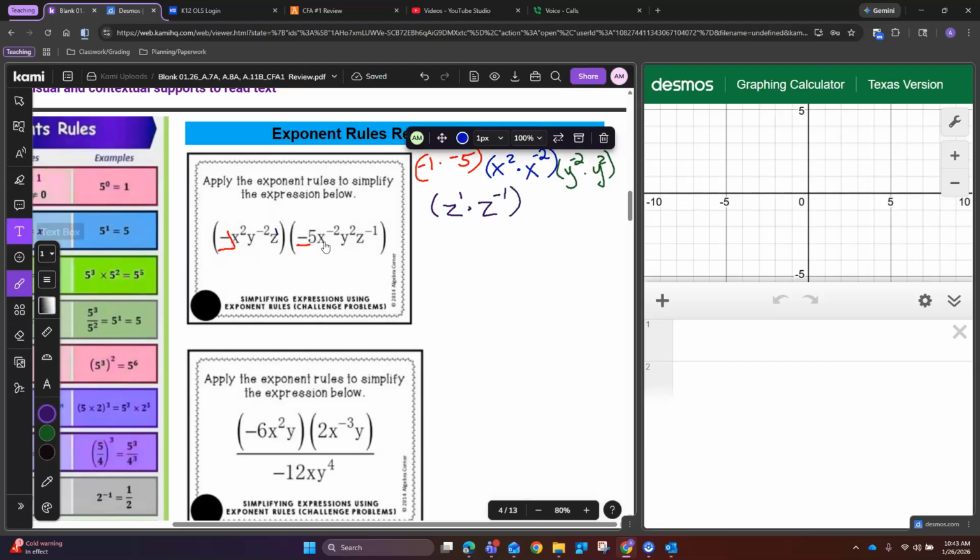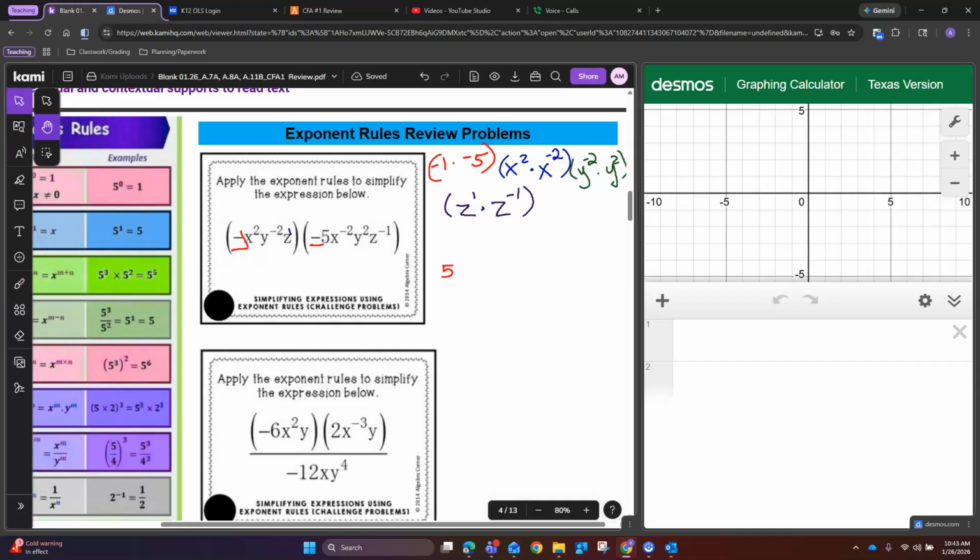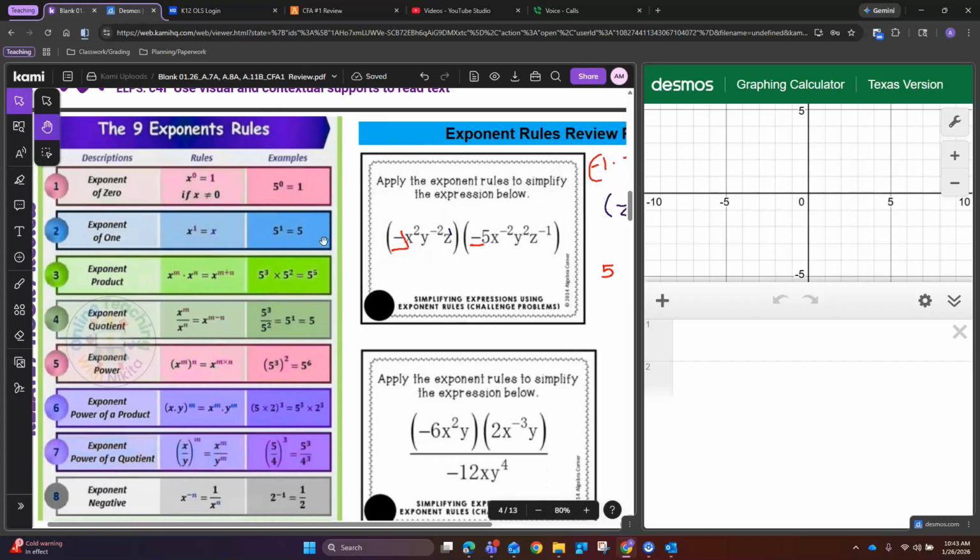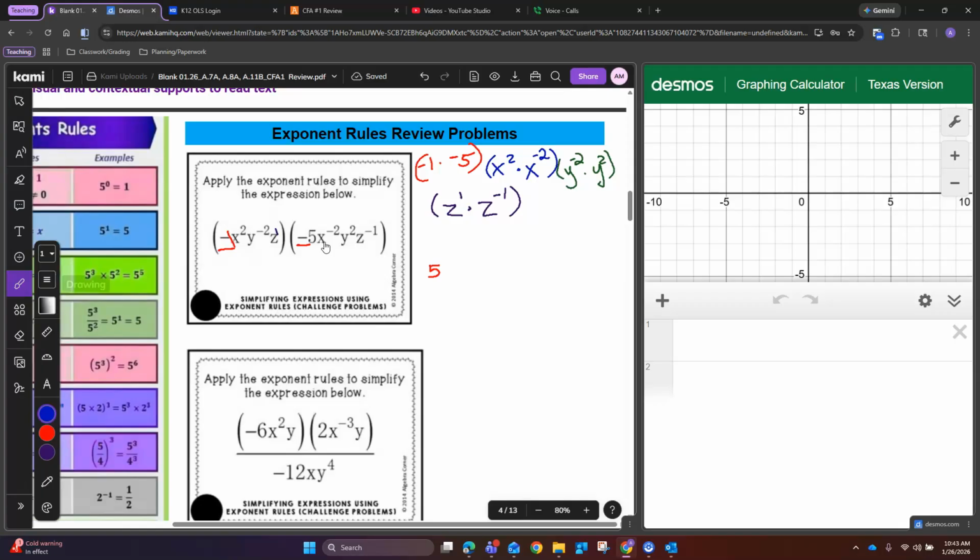All right. So let's go ahead and work this out. First part of the problem. -1 times -5 is 5. X squared times x to the -2. Remember, when multiplying bases with the same base, different exponent, we add the exponents. So 2 plus -2 is 0.